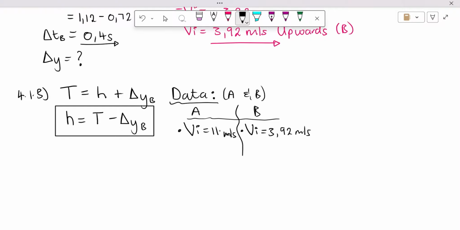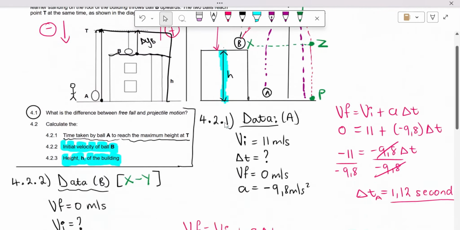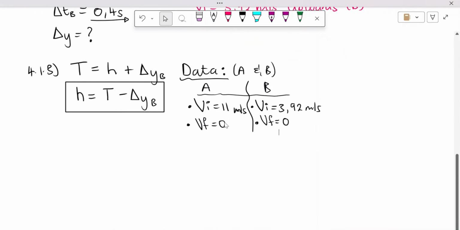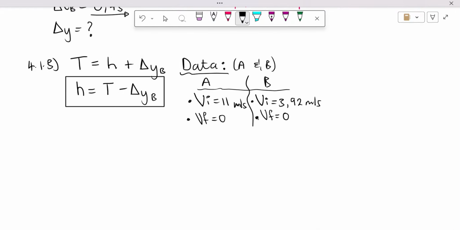Then, what is the final velocity of A at the point T? The final velocity at T is 0. Similarly, the final velocity for B at T is also 0. Remember that T is the maximum height, where we know the final velocity is 0.